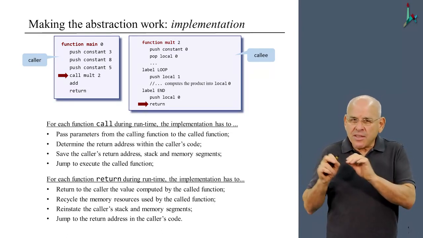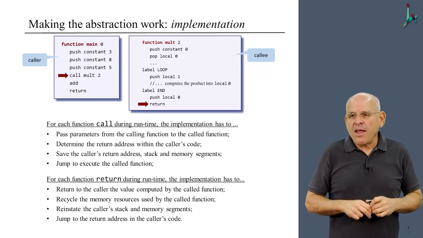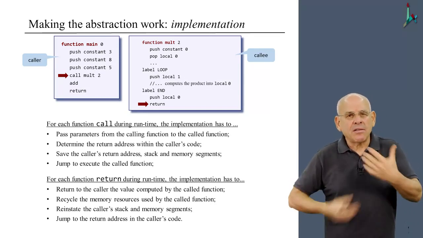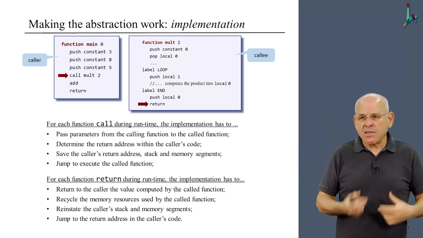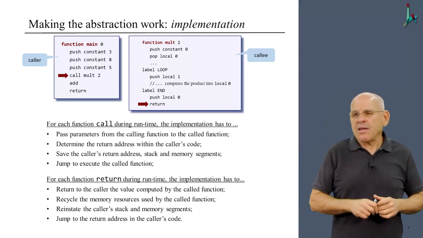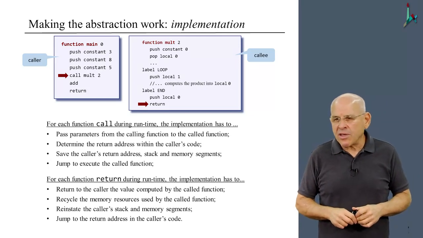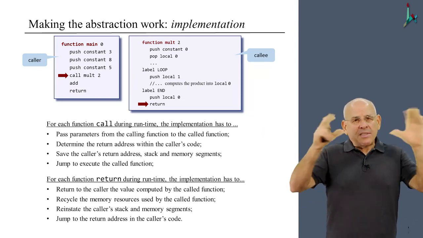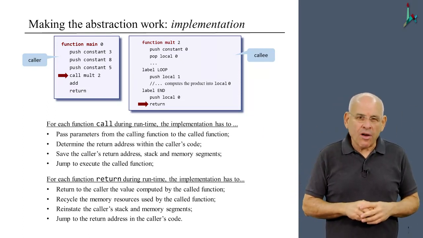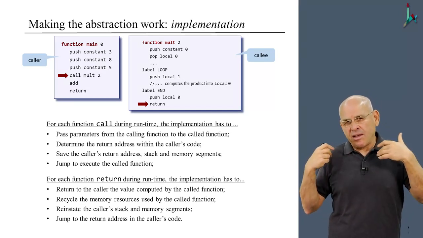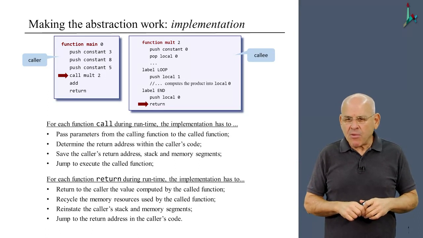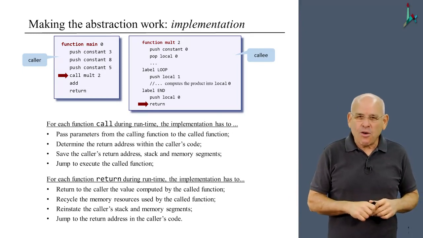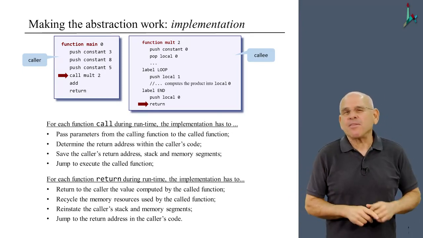And then, after doing this with the return value, because the implementation is a good citizen, it has to recycle the memory segments, the memory resources, the stack and all the stuff that was used by the called function, because the called function is irrelevant now. Then we have to reinstate or recreate the world of the caller, which consists of its saved working stack and memory segments, and only then can we jump to the return address in the caller's code and continue executing it as if nothing happened, right?